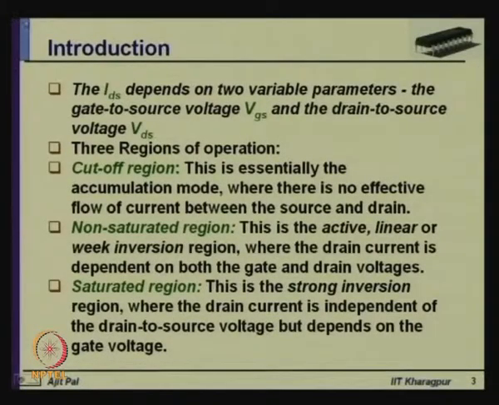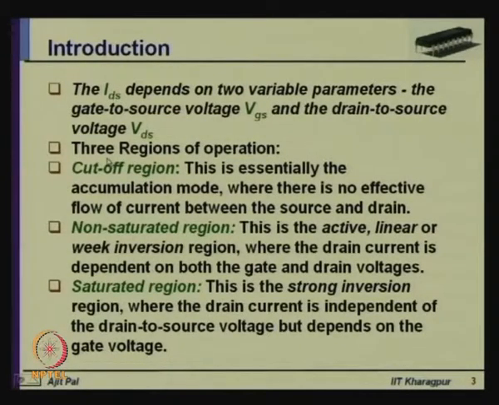That also affects the operation, and with the help of it the threshold voltage can be controlled. So, essentially three voltages: gate to source voltage, drain to source voltage, and source to body voltage. These three voltages will control the drain current.